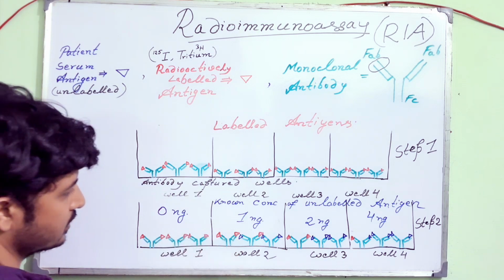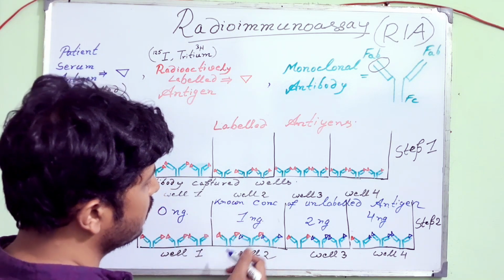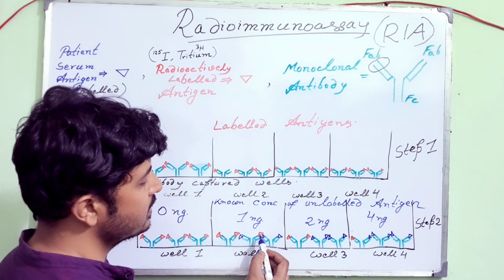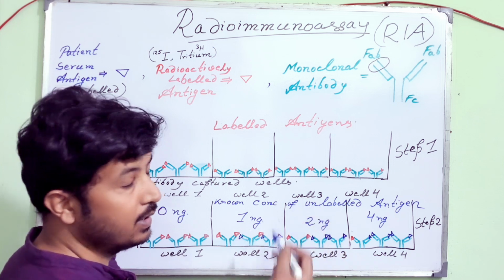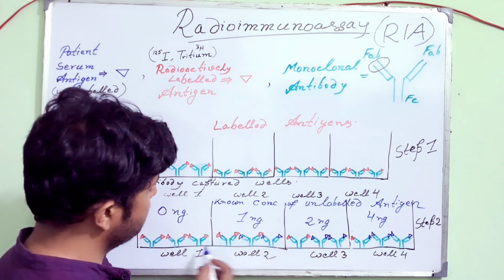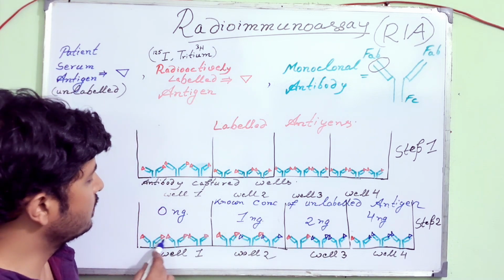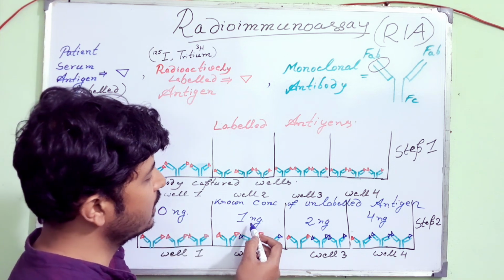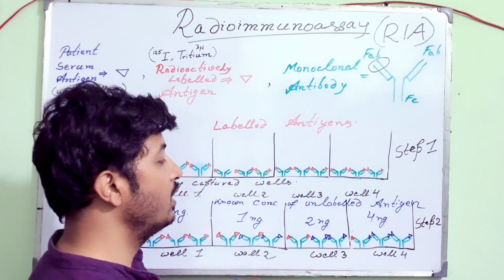Now see the changes. As I have given 1 nanogram of antigen, some of the radioactively labeled antigens are replaced by the unlabeled antigens. Here, if you consider this 0 nanogram, 6 antigens are bound. Here 3 are bound with the help of only 1 nanogram of unlabeled antigen.